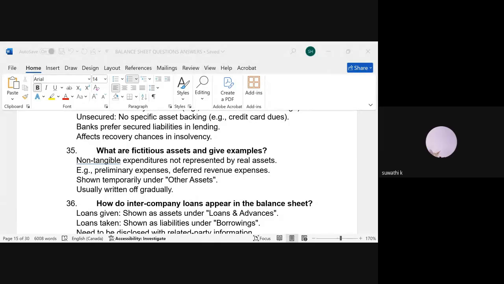In fact, this type of question is very popular in bank interviews, where they will ask the difference between fictitious assets and intangible assets.